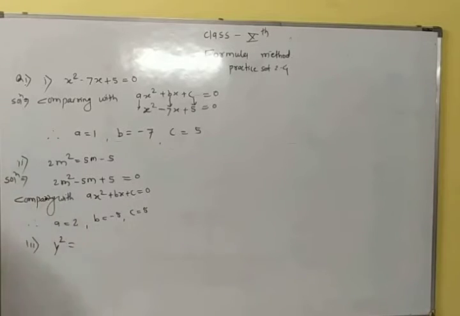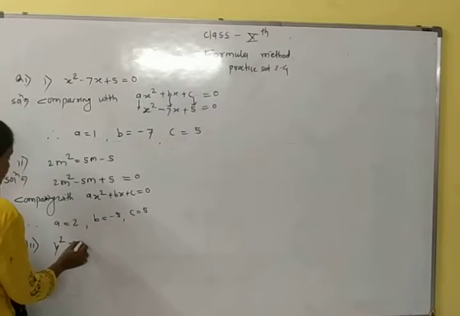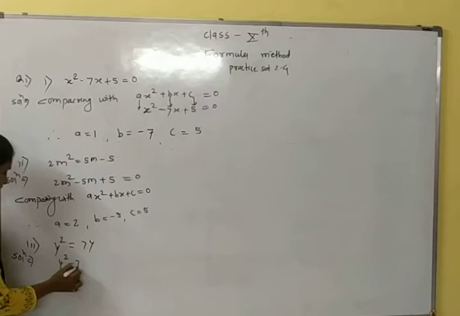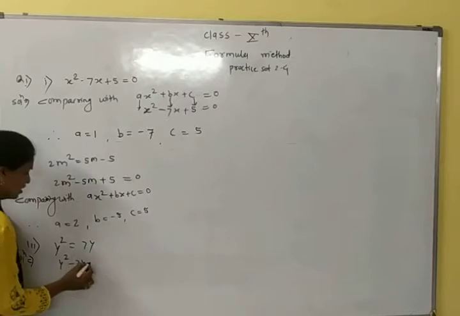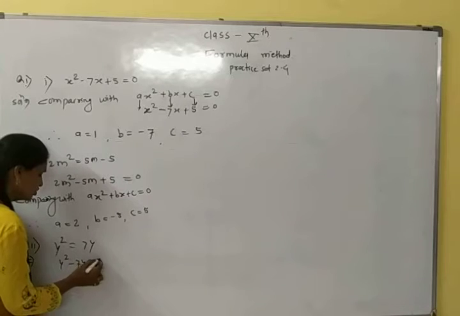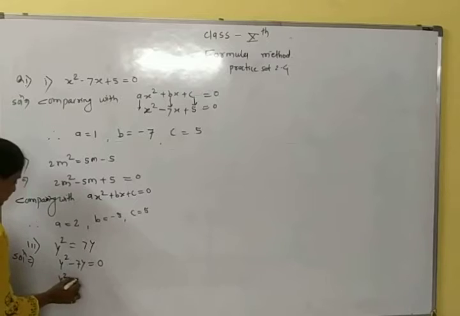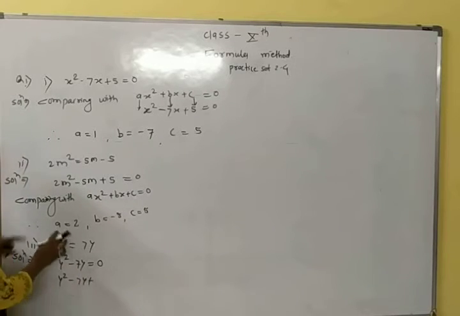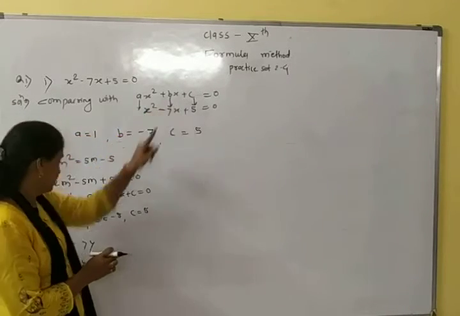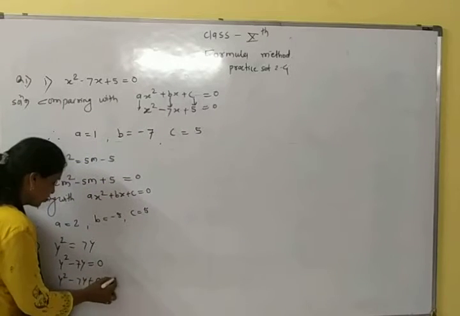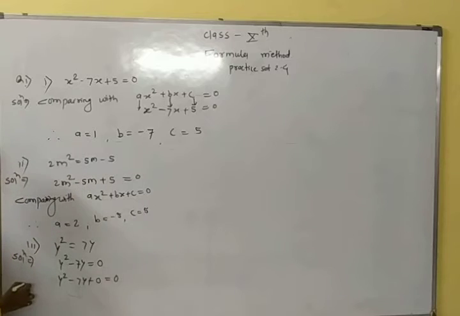Third question is y² = 7y. This can be written as y² − 7y = 0. It can also be written as y² − 7y + 0 = 0, since the constant term is not present, so the constant term is 0.